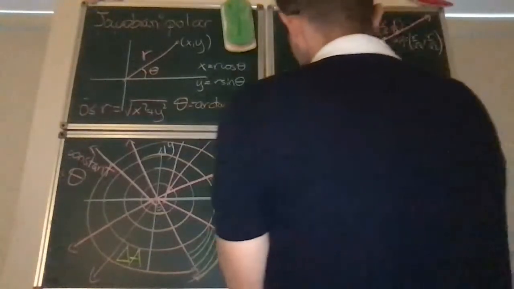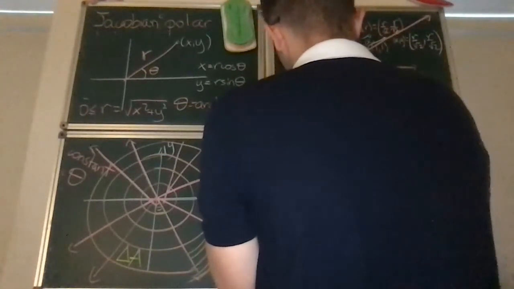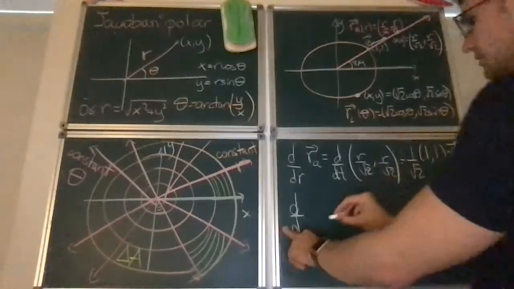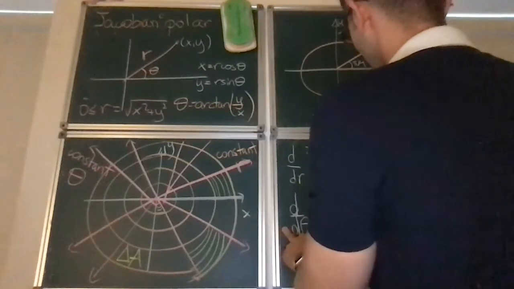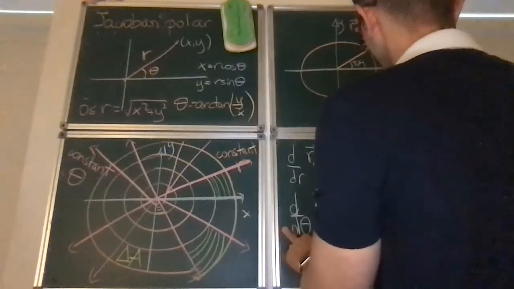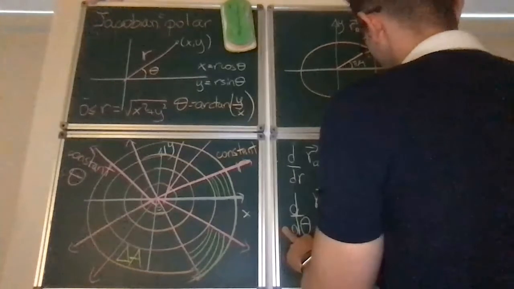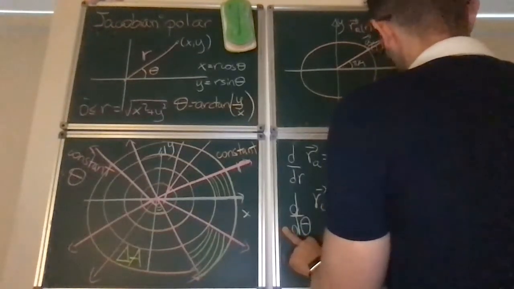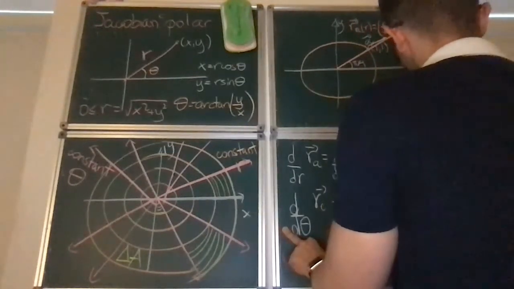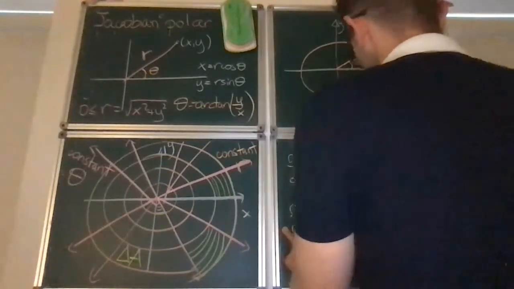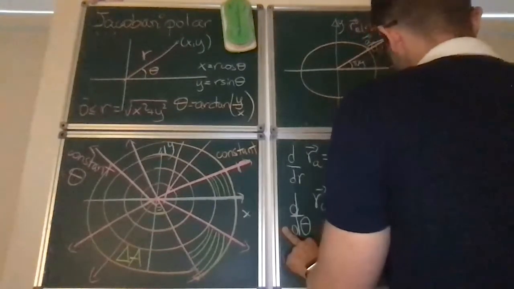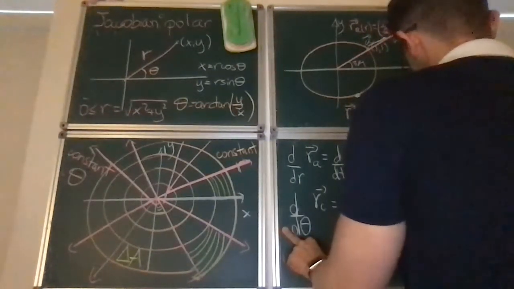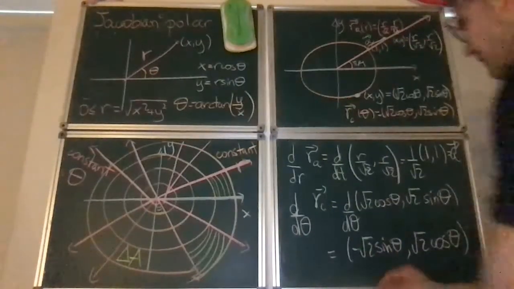And in the other case, the variable is theta, so that's playing the role of time. And so you get this vector.